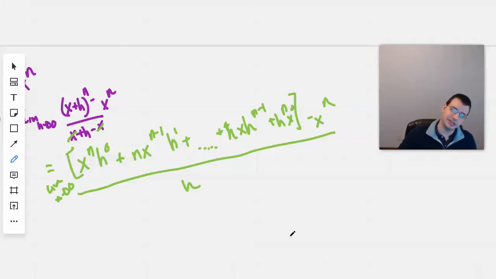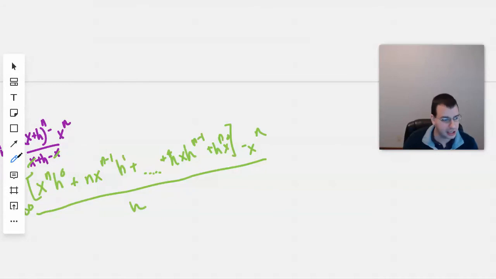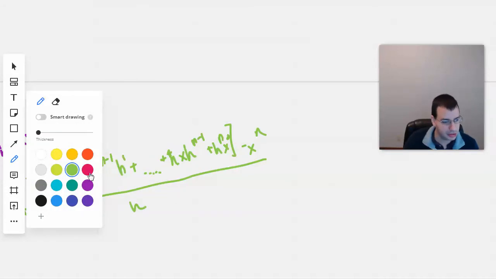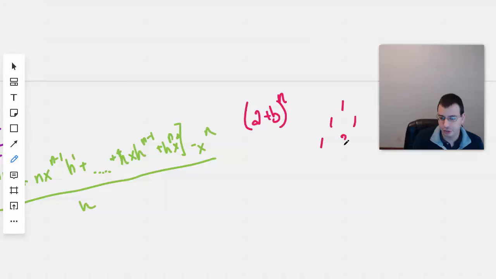The way you expand this out, as a quick sidebar, is binomial expansion. So if you have a plus b to the n, you can use Pascal's triangle. This isn't a rigorous proof by any means, but it's a good thing to know in life.